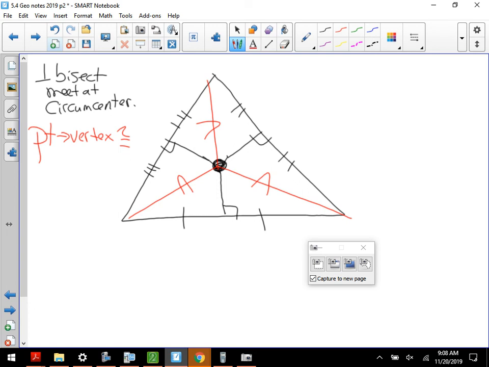Now, on 1, what do you think? I think it's A. It's either A or B. It doesn't matter if it's straight through the middle. It's a bisector. If it's a perpendicular bisector, remember that does 2 things: it's perpendicular and it bisects.